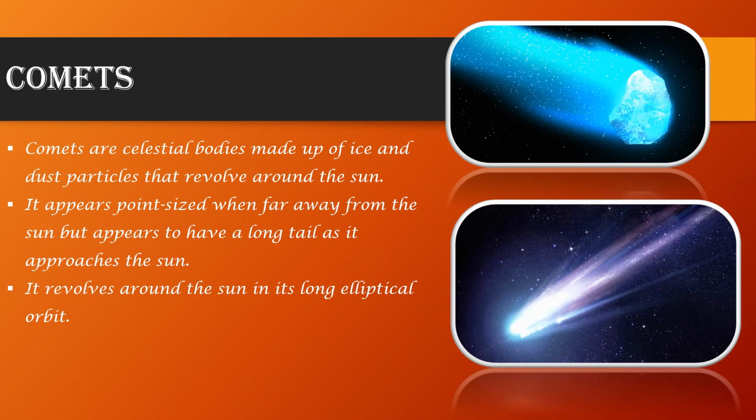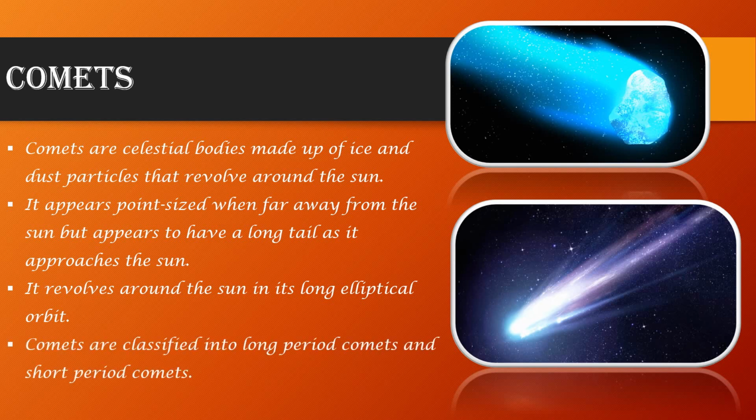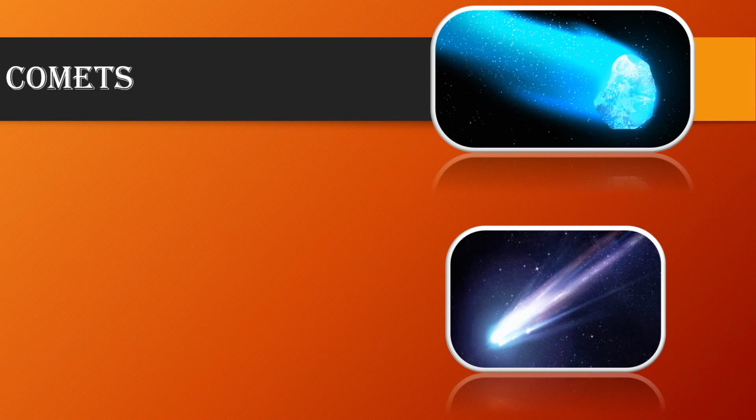Comets are classified into long period comets and short period comets. As we know, comets are classified into two types on the basis of the time taken by it to complete one revolution around the Sun. So the two types of comets are long period comets and short period comets.